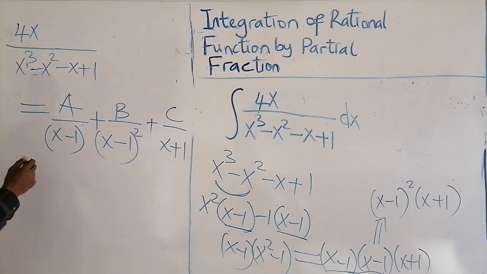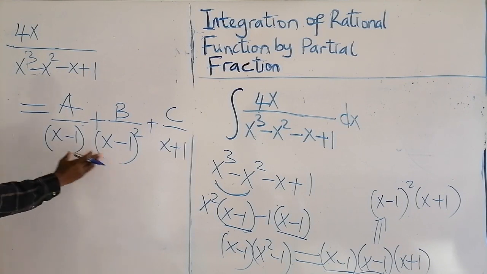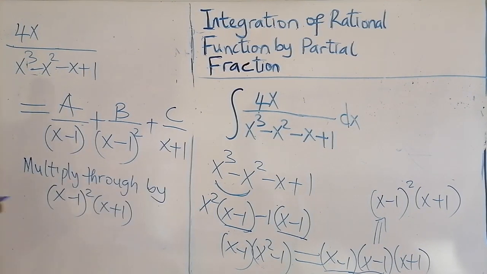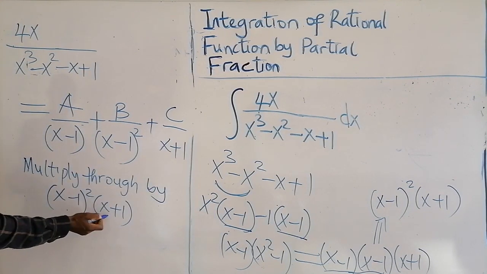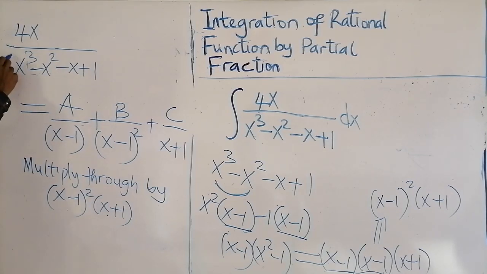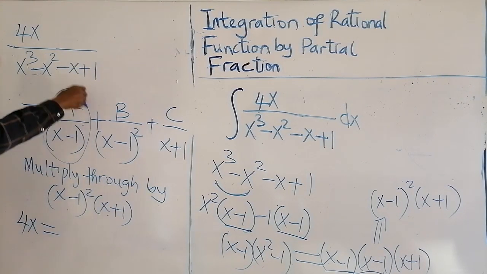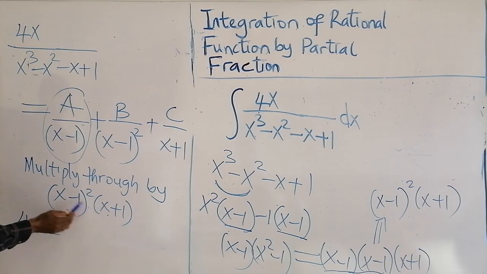Then the next thing to do now is to multiply through by the common factor. Okay? So our common factor is x minus 1 squared, x plus 1. At the left hand side, times the common factor, it's going to give us 4x. On the right, this first fraction times the common factor: x minus 1 is here, is also here, so it will remain 1 here.